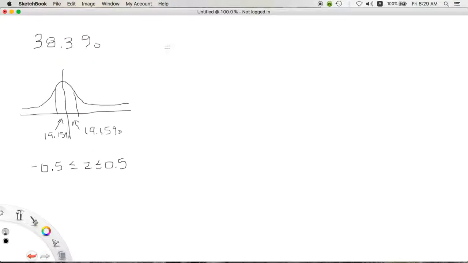Now, what if I want to find the percentile rank of a student with an 85 in a class? So the student's grade is an 85, and the average of the class is a 78, and the standard deviation is 8.4.